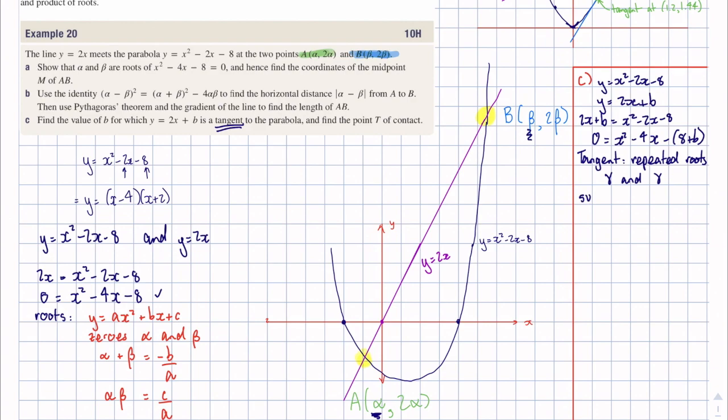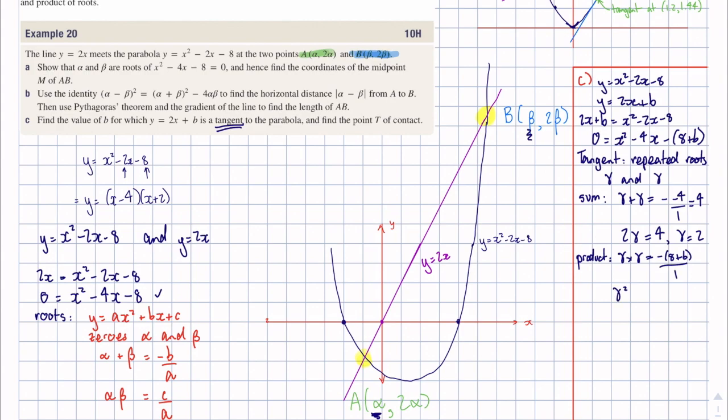So sum of roots, gamma plus gamma equals, this should be minus b on a, so this is minus negative 4 on 1, which is just 4. So that's 2 gamma equals 4, so gamma equals 2. And using the product, we've got gamma times gamma equals c on a, which is negative 8 plus b on 1.